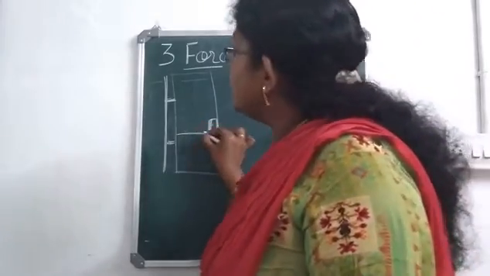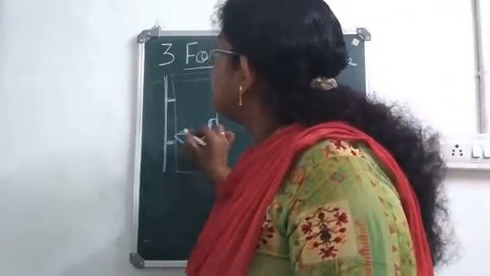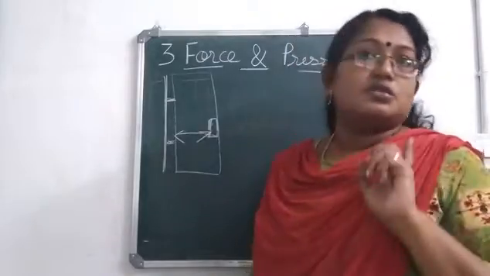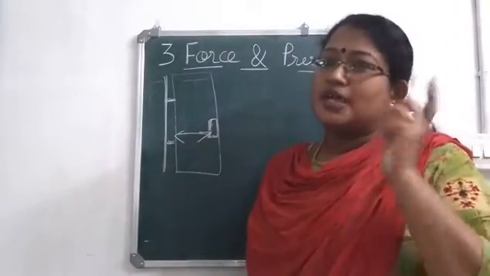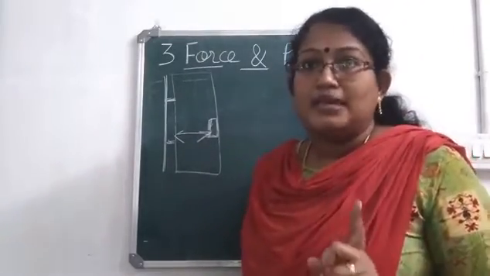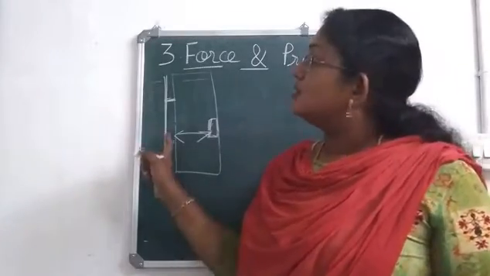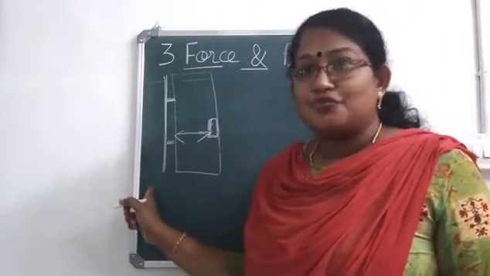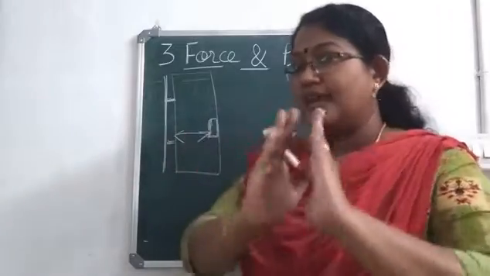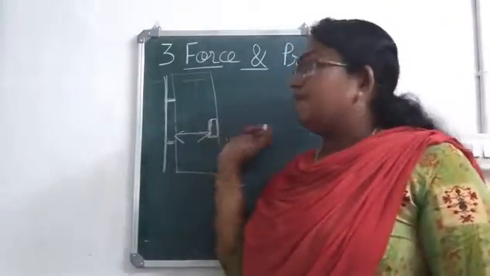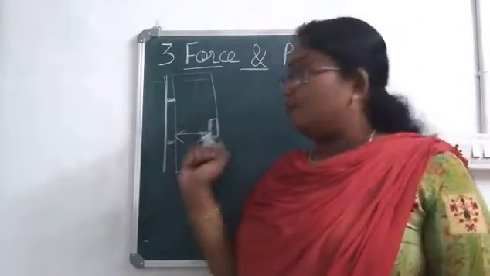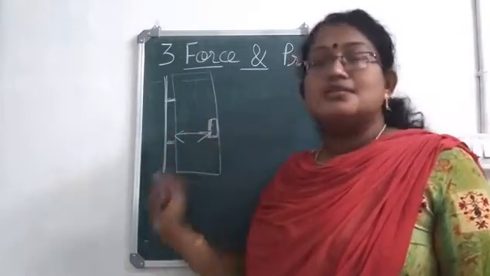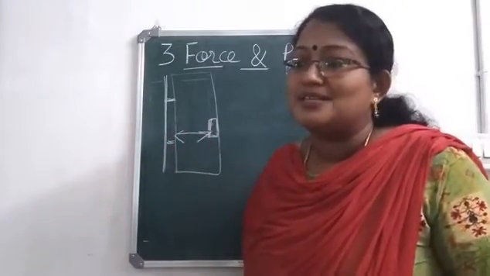If the distance increases, then the turning effect produced also increases. That is a very, very important point. By increasing the distance between the axis of rotation, that means where it is fixed, and the point where you are applying force, what happens?